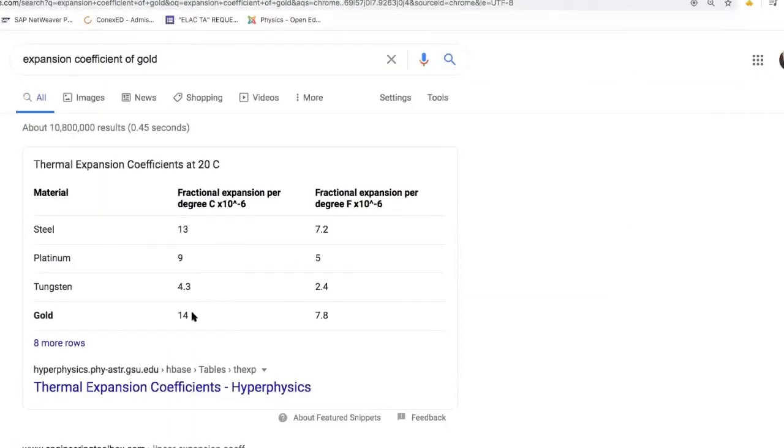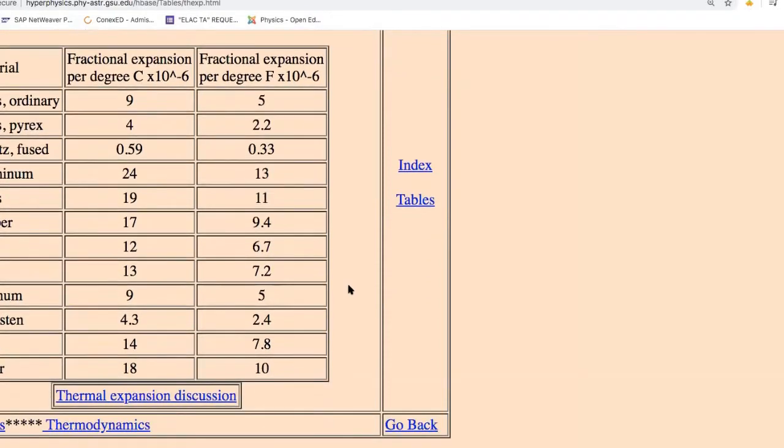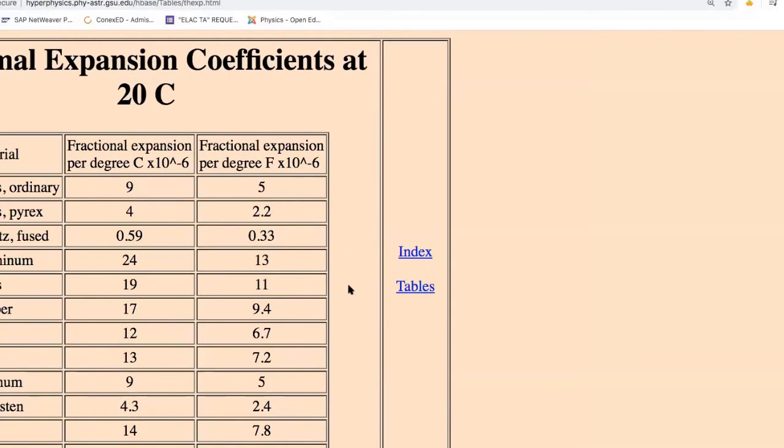Okay. Fractional expansion per degree Fahrenheit. Wait, why are they giving us two numbers? So for this one, we're using an alpha, right? Not a beta. You know what? For solids, I don't care, because even if you find the alpha, you can always get to the beta by multiplying it by 3.